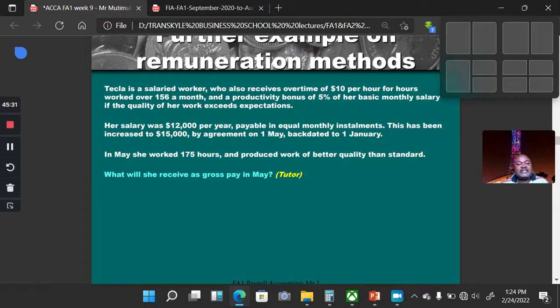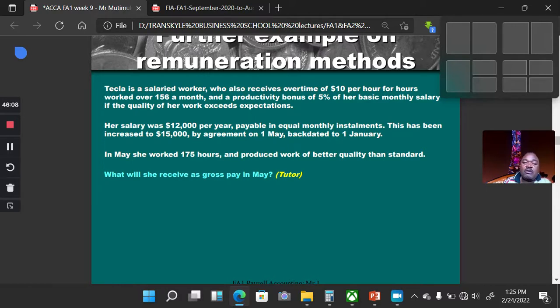Tekla is a salaried worker who also receives overtime of $10 per hour for hours worked over 156 a month, and a productivity bonus of 5% of her basic monthly salary if the quality of her work exceeds expectations.